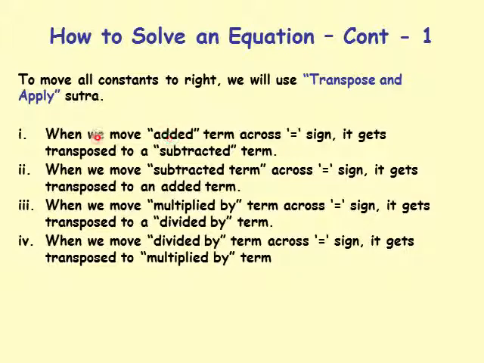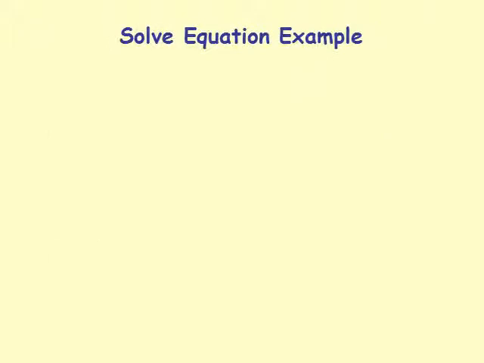So these are the sutras for transpose and apply as applied to solving a linear equation. When you move an added term, it becomes a subtracted term. When you move a subtracted term, it becomes an added term. When you move a multiplied by term, it becomes a divided by term. When we move a divided by term, it becomes a multiplied by term. Let's continue and solve an equation.